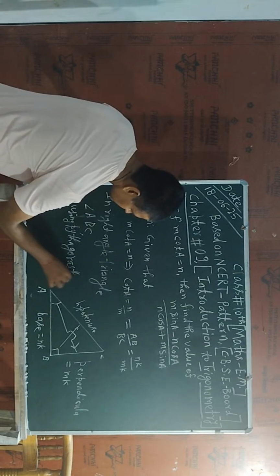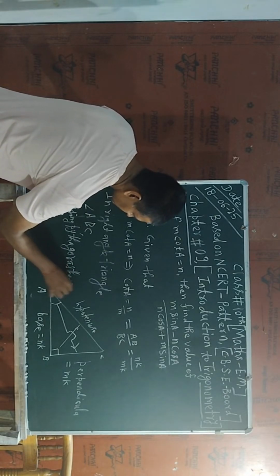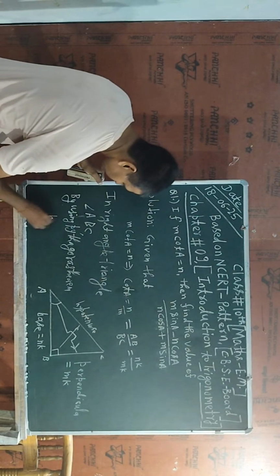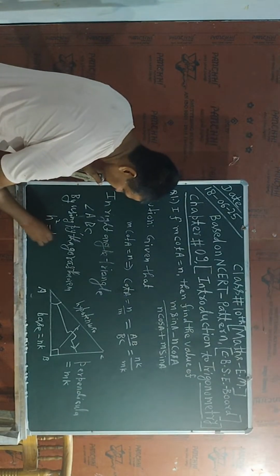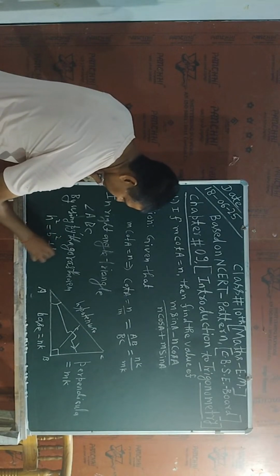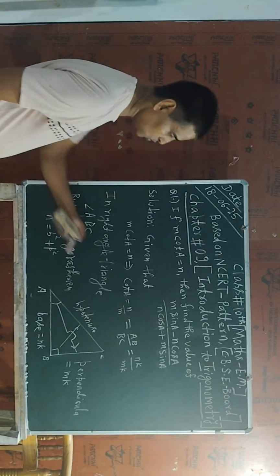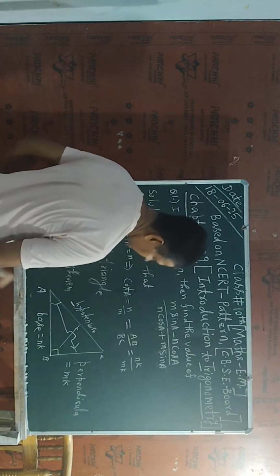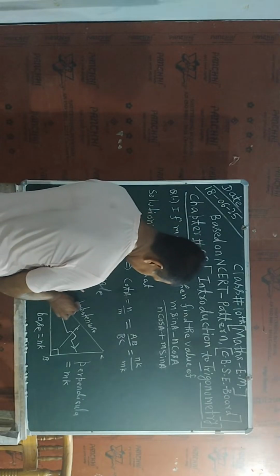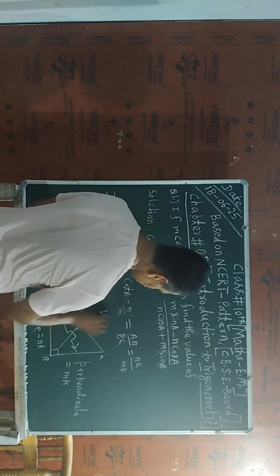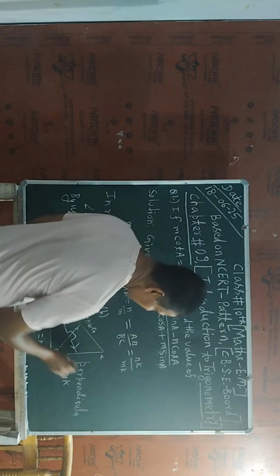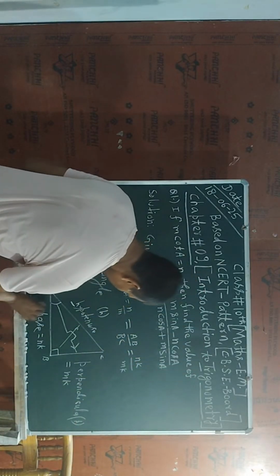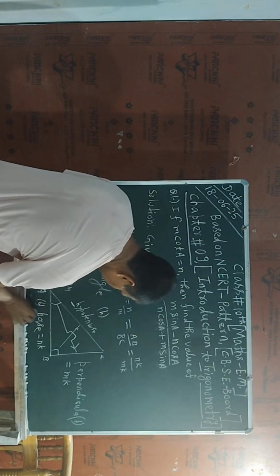Hypotenuse square is equal to base square plus perpendicular square. Its value I will substitute from the previous values. Hypotenuse has first letter H, perpendicular has first letter P, and similarly the base has first letter B.